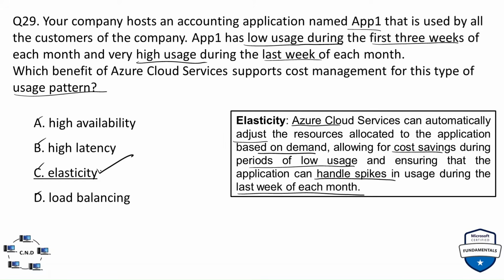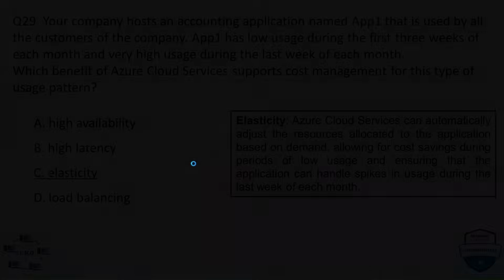So this is called elasticity. The cloud resources are elastic. When the requirement is high, the capacity of resources also increases. And when the demand is low, the resources are reduced, so you are charged low and you save cost.